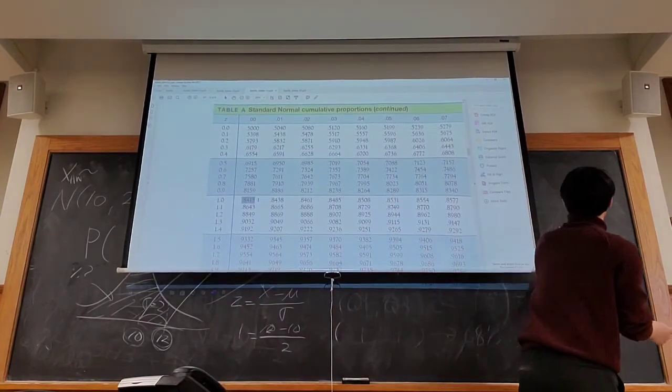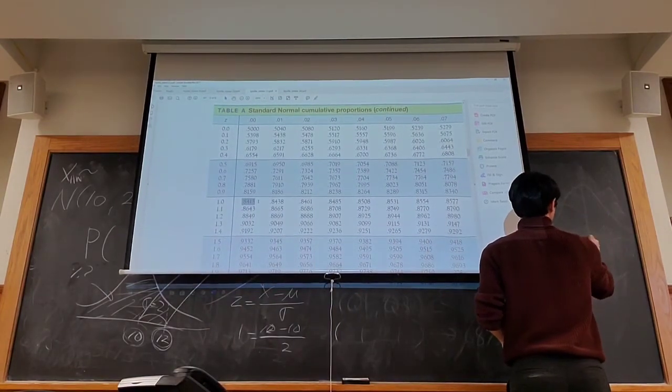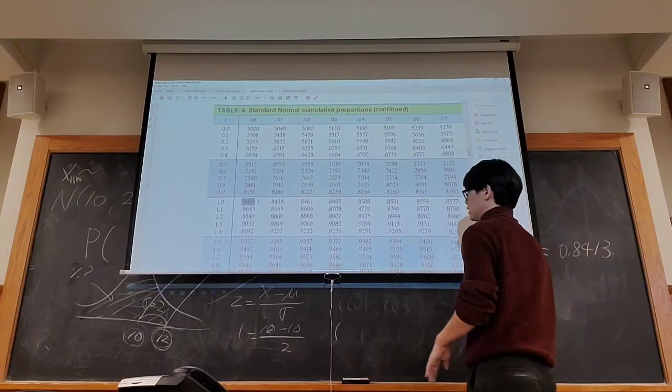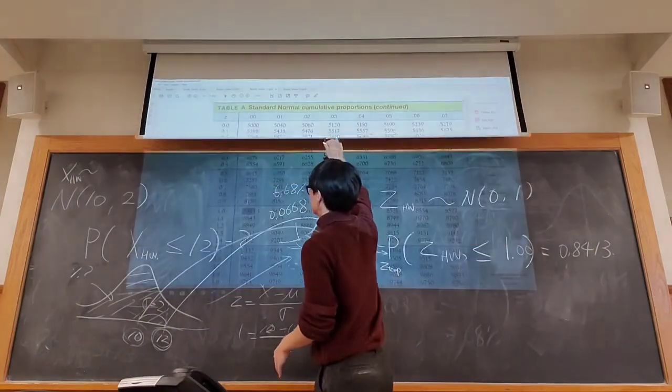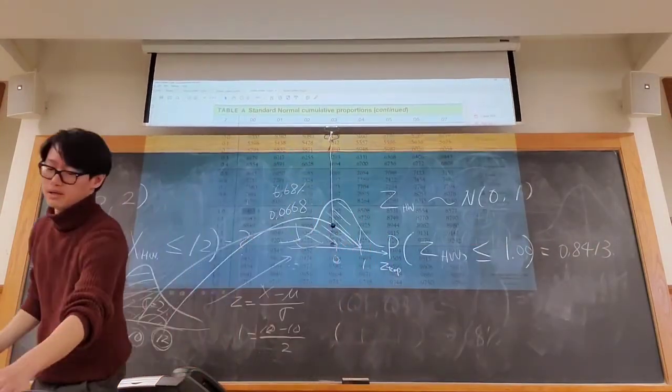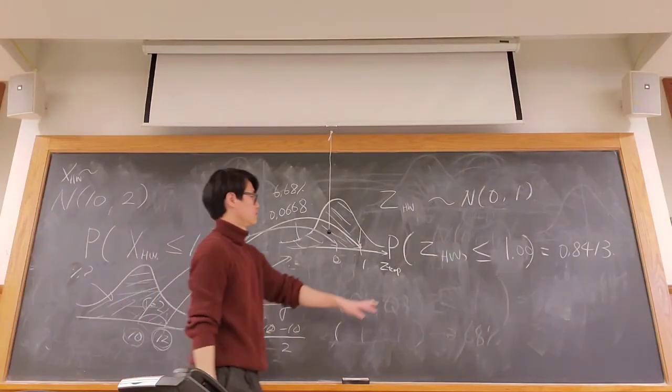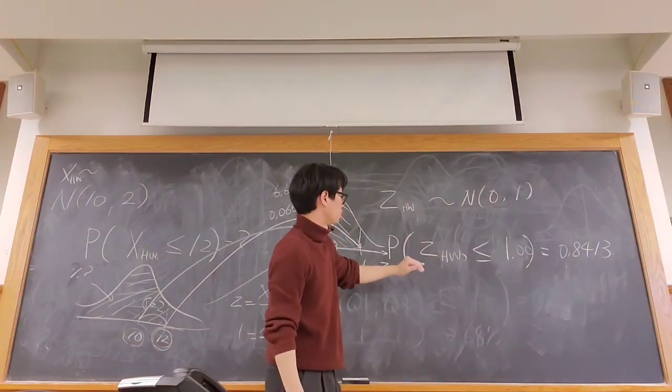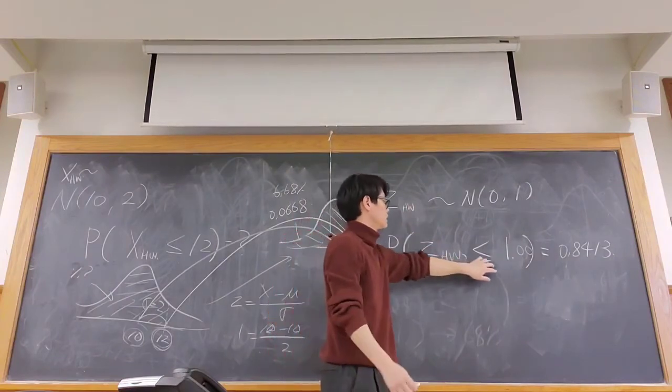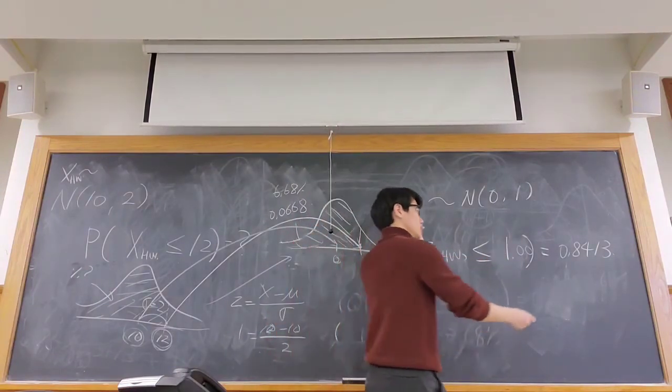So I have 0.8413 as the probability that a random homework score in the standard normal scale is less than 1. And I can use this number.